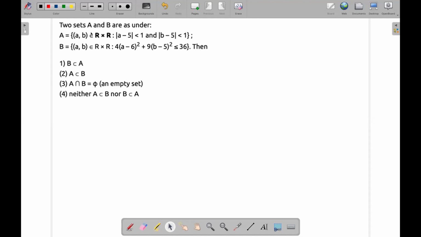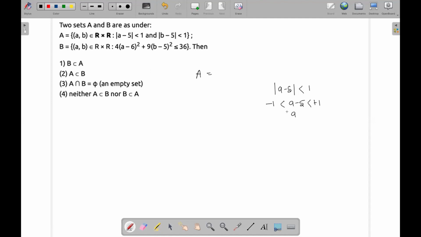So if you look at this, A and B are all real numbers. If I just try to look at A closely, then A is actually the set of all points wherein A minus 5 is less than 1. So let's try figuring out what A is all about. If you write A minus 5 is less than 1, then you could write A minus 5 is between -1 and 1.